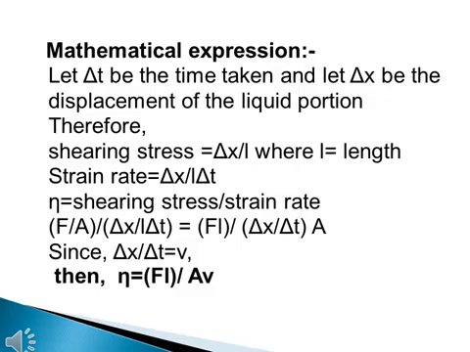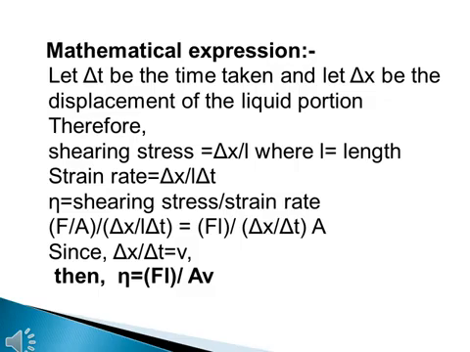Then the coefficient of viscosity eta is equal to F by A by delta x by L delta t, which is equal to F L divided by A delta x by delta t.